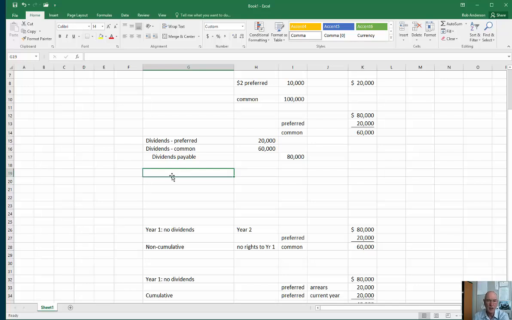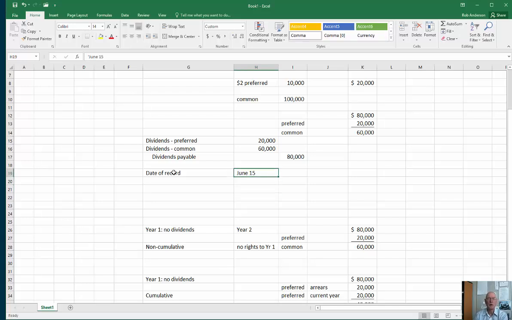So this is really about the stock market and who owns the shares on that date of record. So let's say the date of record is June 15.